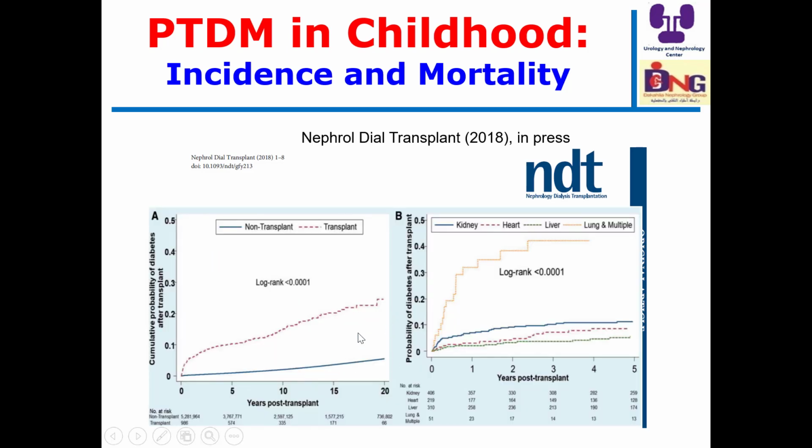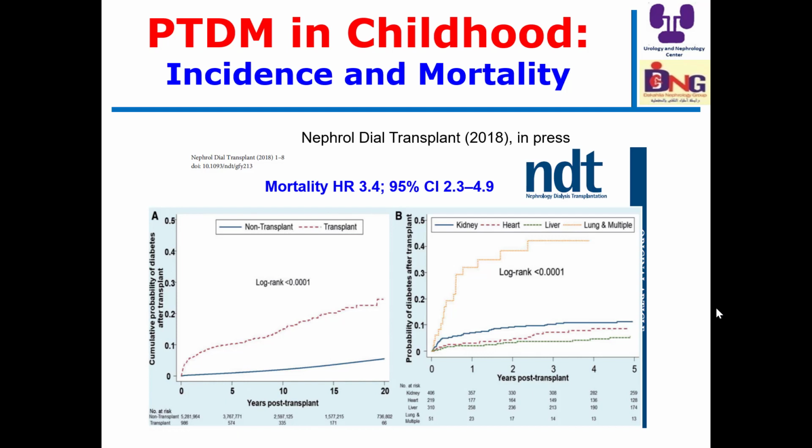You can see here clearly that transplantation is associated with increased probability of diagnosis of diabetes in comparison to non-transplant patients. And diabetes increases significantly with the transplantation of lung and multiple organs in comparison to kidney, heart, and liver transplantation alone.